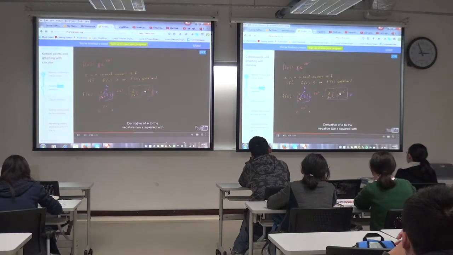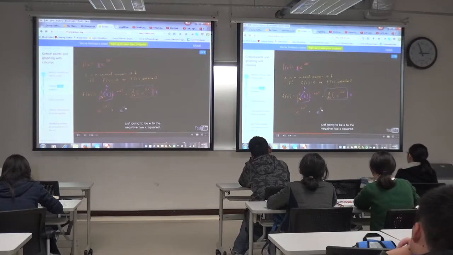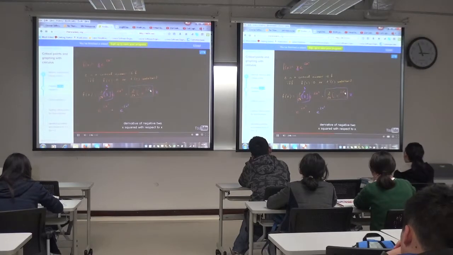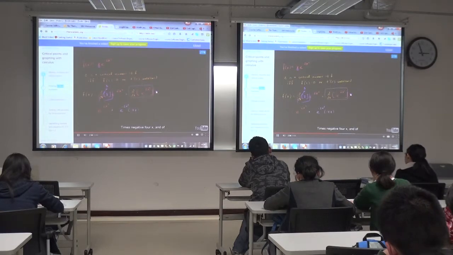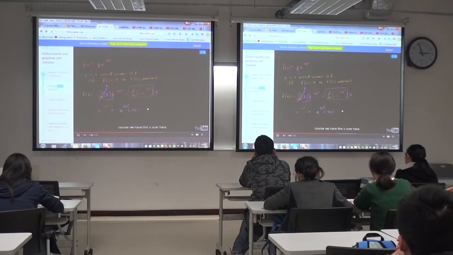Derivative of e to the negative 2x squared with respect to negative 2x squared is just e to the negative 2x squared. And we're going to multiply that times the derivative of negative 2x squared with respect to x, and that's going to be negative 4x. So times negative 4x. And of course we have this x over here.